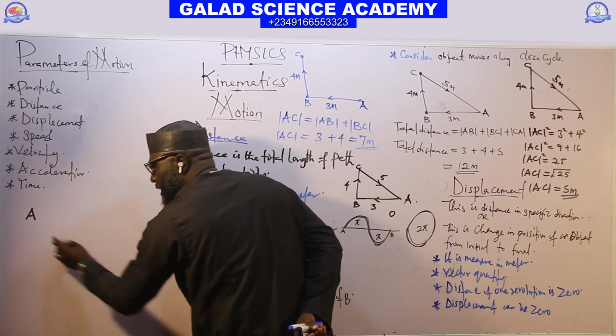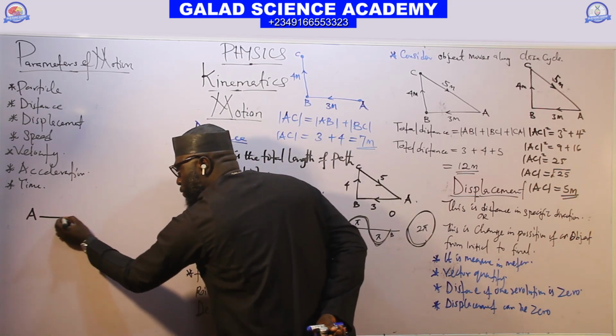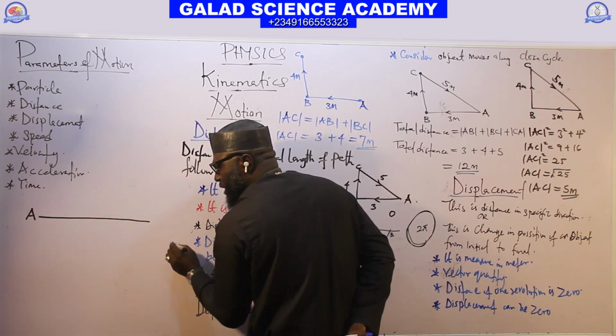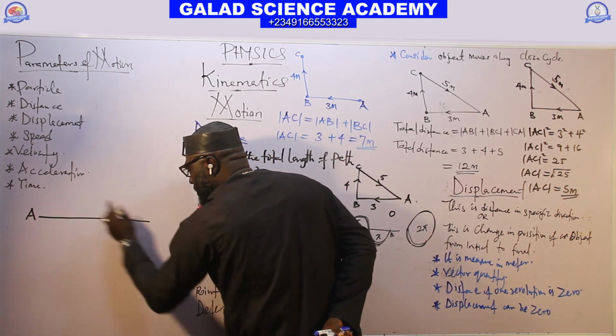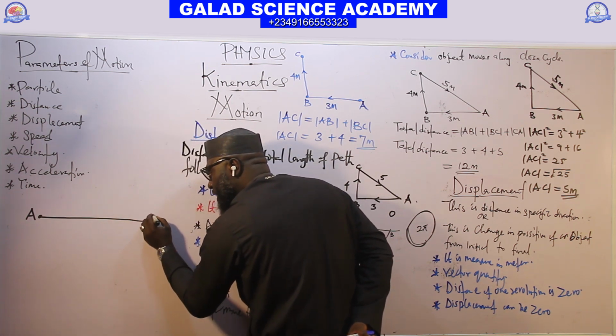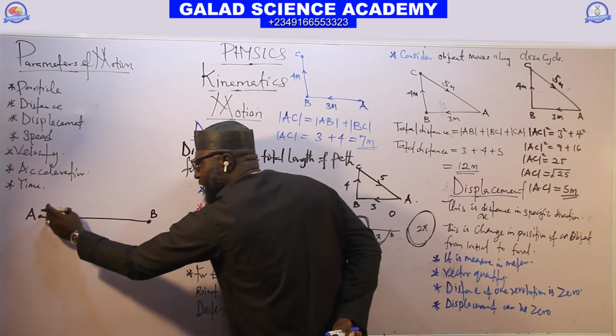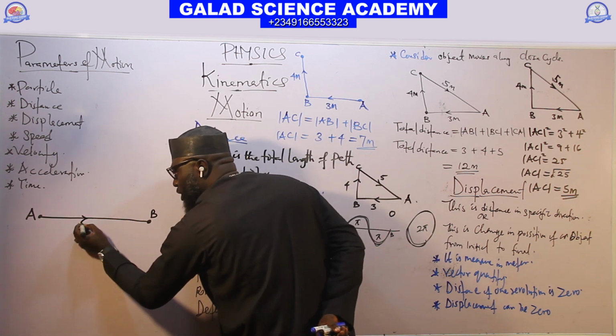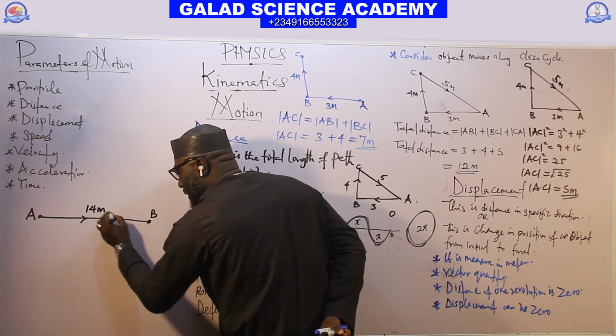If a body travels from A like this, it will now move from A to this side. The distance from this point A to this point B, let us call it 14 meter.